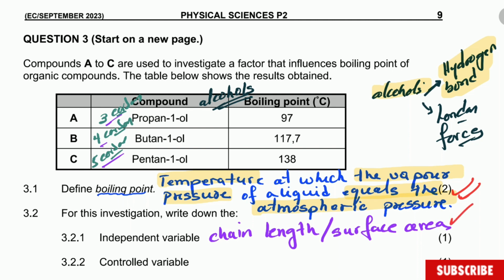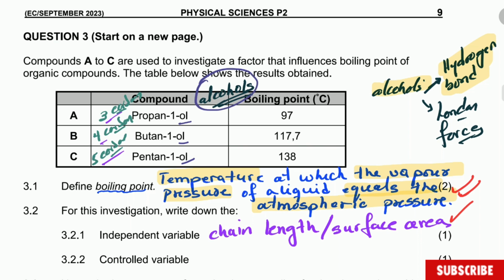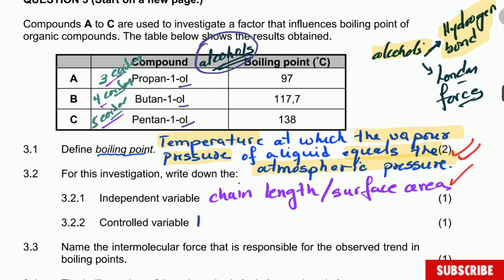It's quite simple. Control variable. What we kept constant here, and be careful, all of them are alcohols. So we kept constant the functional group. That one is the control variable.